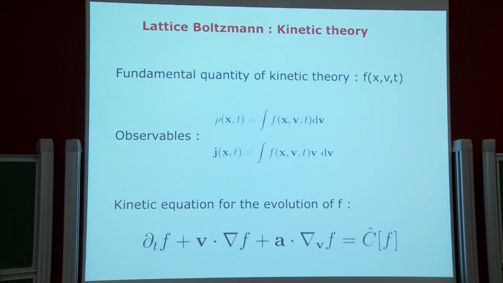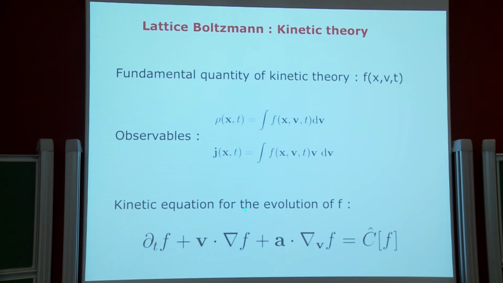And generically, variations in this probability density will depend on a number of things. And it can be summarized in that generic equation, which is a kinetic equation, that tells you that f evolves at a given position in time.